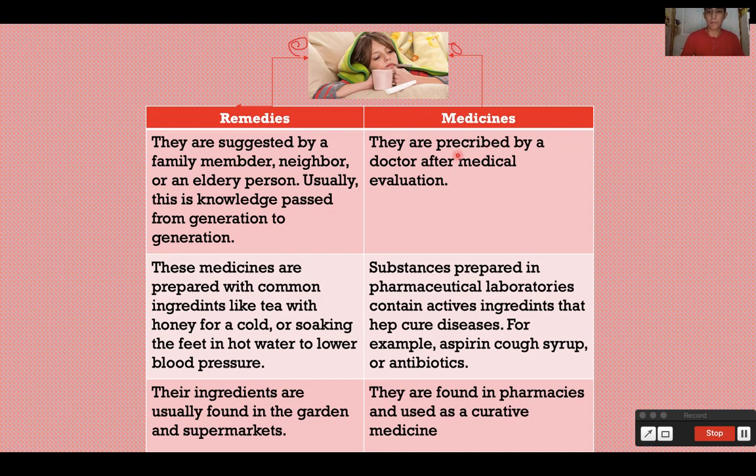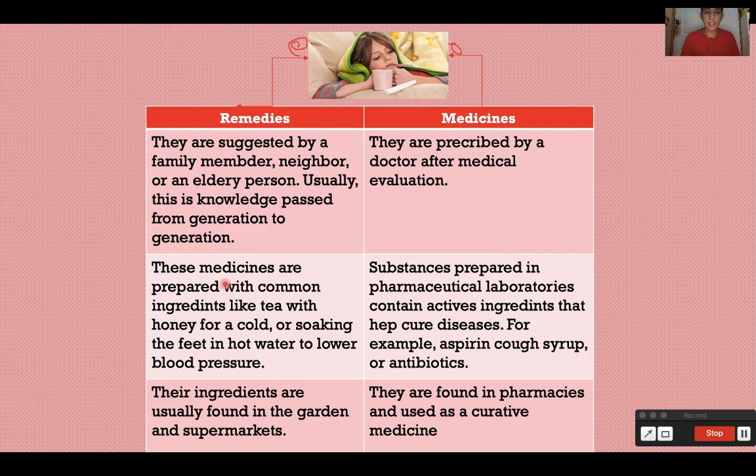A medicine is prescribed by a doctor after medical evaluation. Okay, a medicine a doctor is insured to give you. A remedy can be suggested by a family member, your mother, a neighbor, or an elderly person. Okay, these remedies are prepared with common ingredients like tea with honey for a cold, or soaking the feet in hot water to lower blood pressure.